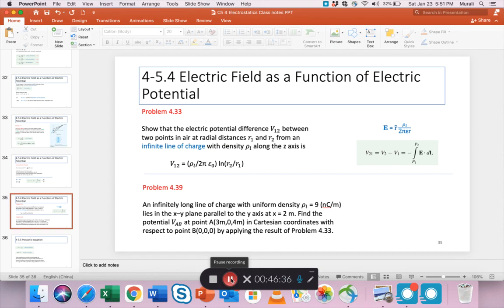This whole chapter depends on doing these volume and surface integrals well, and also understanding these laws: Gauss's law and the earlier laws, some of them, the divergence theorem and the Stokes theorem, plus Gauss's law, of course. And then understanding line charge density, volume charge density, surface charge density, etc. All right, I'm going to stop.